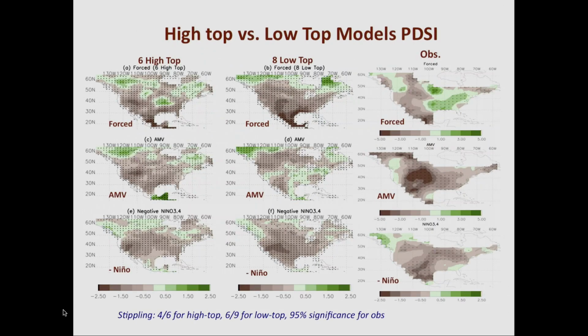So our interest here is more in looking at the hydroclimate relationship. So now the top is the forced component and AMV, and this is negative Nino again, for the 6 high top here and 8 low top, and observation at the end.